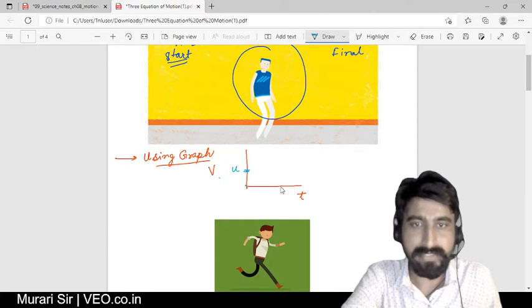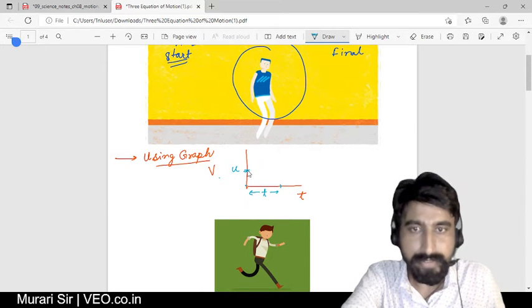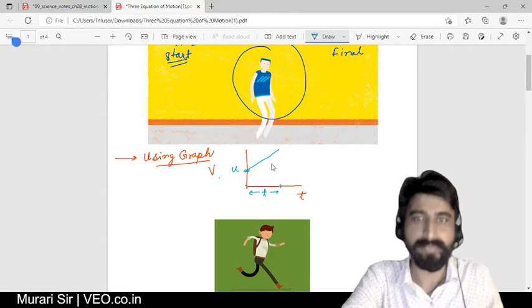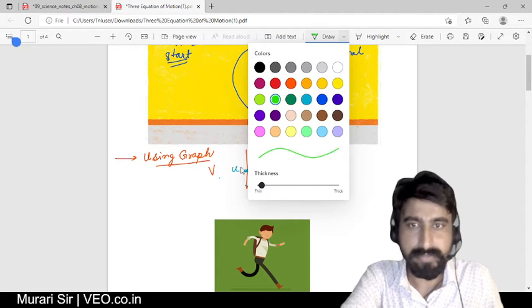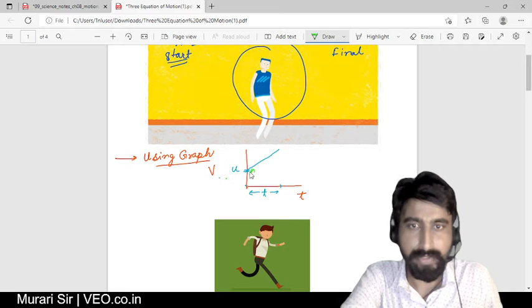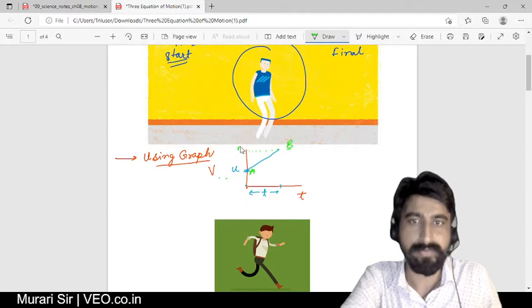And after a certain interval of time t on the time axis, the boy moves uniformly, or you can say with uniform velocity, and reaches point B. So let's mark these points as A, and this point can be considered as B.